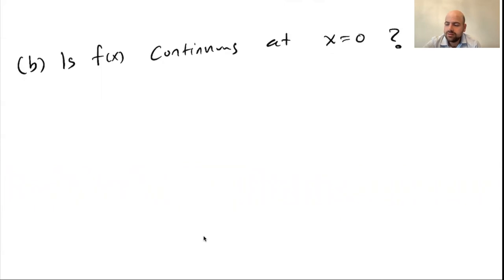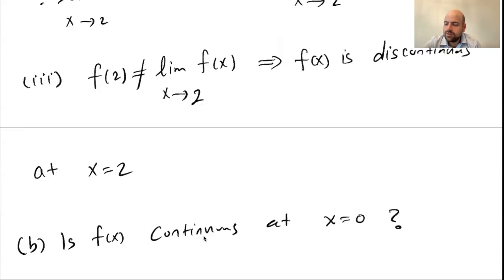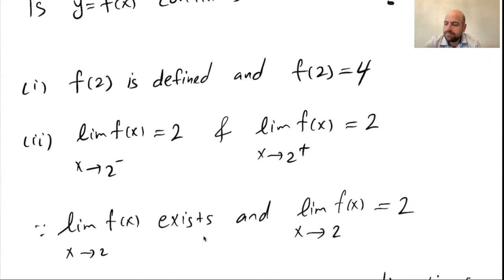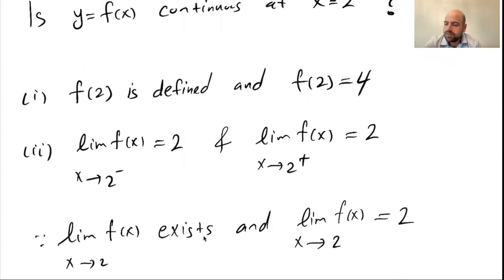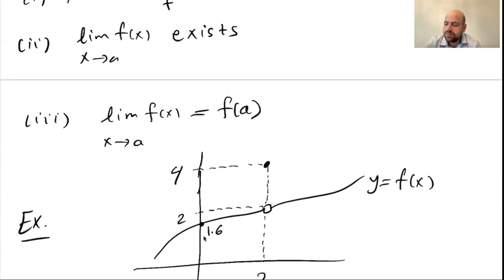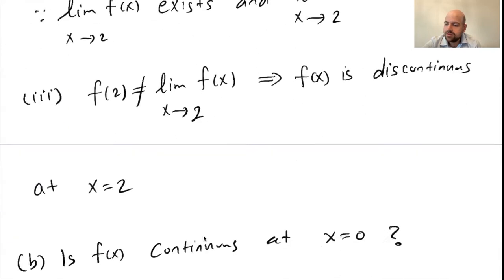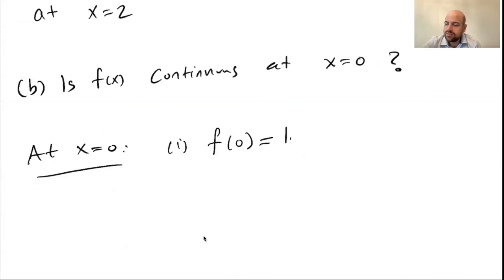How can we see? At x equals 0, the first condition: f of 0 equals, how much is it? The value of the function at 0, the output, is 1.6. So f of 0 equals 1.6.